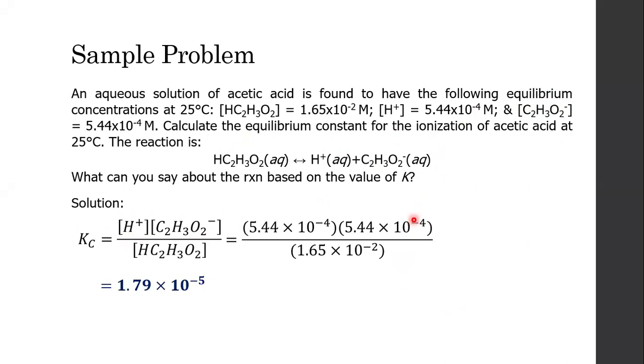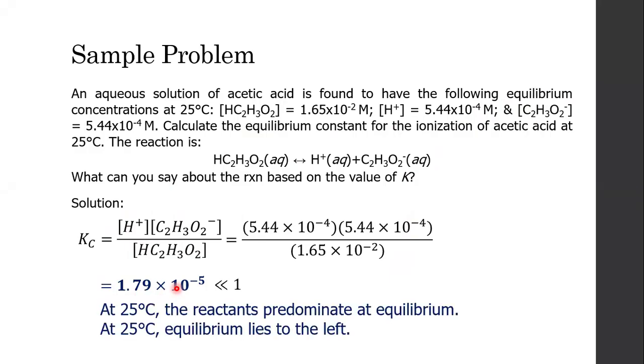And then simplify, we'll get 1.79 times 10 to the negative 5. And this is a very small number. So we can interpret this equilibrium constant as this: at 25 degrees Celsius, the reactants predominate at equilibrium. Or we can also say at 25 degrees Celsius, the equilibrium lies to the left.